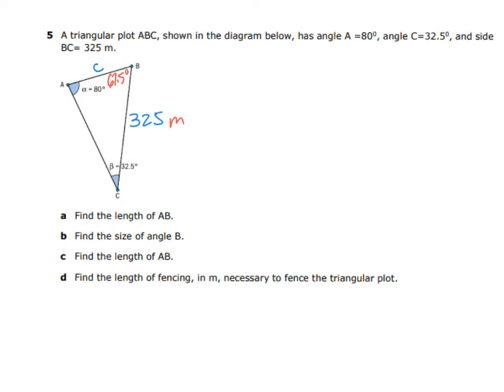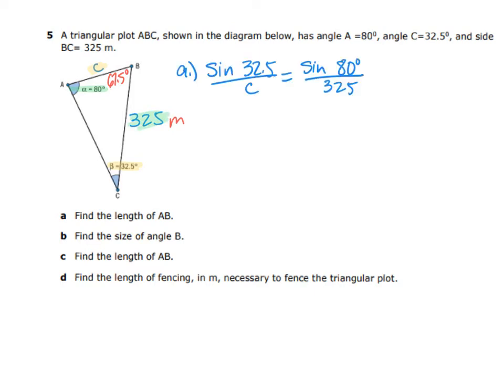So part A says, let's find the length of AB. Since AB is opposite angle C, I'm going to call it little c, and this is a good time to use the law of sines. To find c, let's look at the angle opposite c. We'll take the sine of that angle, put it over c, and then set that equal to the sine of 80 over 325.